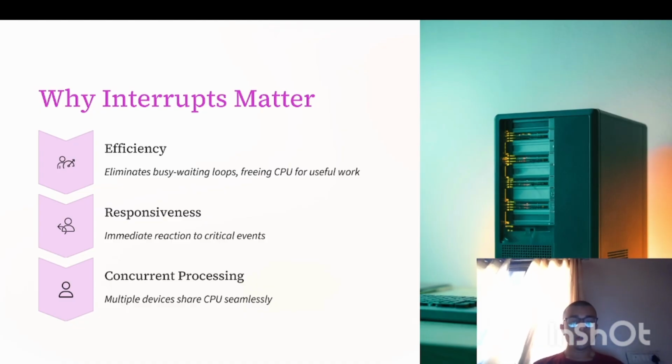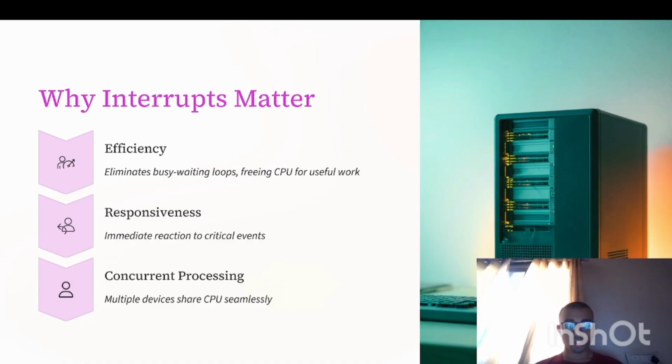Now let us see why interrupts matter. Why do we build systems this way? It takes us to the three main key advantages. First is efficiency. Interrupts eliminate the need for the CPU to constantly check if a device needs attention, which we call busy waiting, freeing up the processor to do actual useful work.